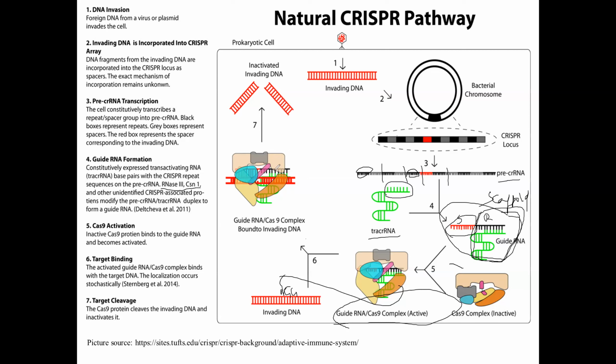ensured, then the nuclease domains get activated, and they will cleave both the strands of the DNA at the same place. Okay, so you'll get this kind of blunt end cut. So this cleavage happens 3 nucleotides before the PAM sequence. To the PAM sequence only the protein comes and binds.